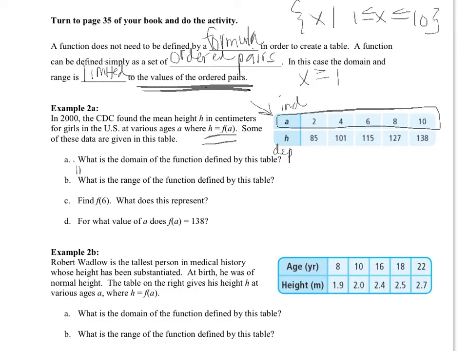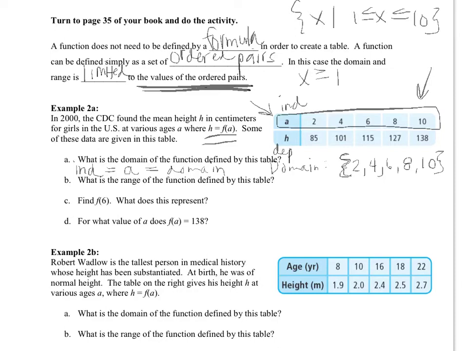So if we know the independent equals a, and that's the domain, we're going to say domain, and we're going to put a colon, and a brace, 2, 4, 6, 8, and 10. Those are the values that I put inside that rectangle. 2, 4, 6, 8, and 10.